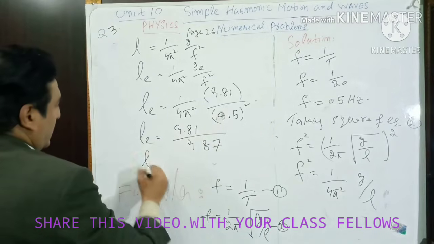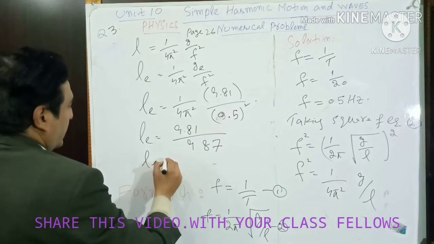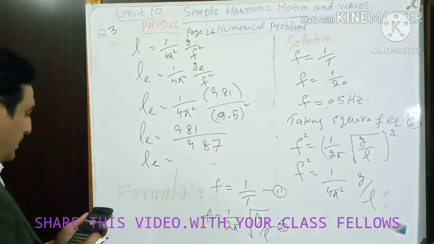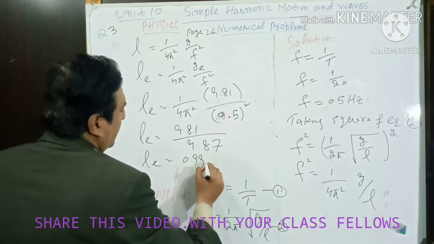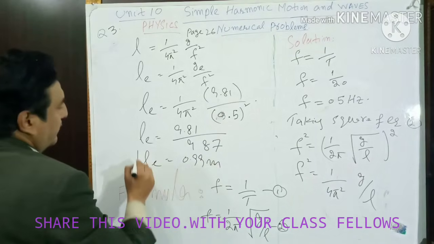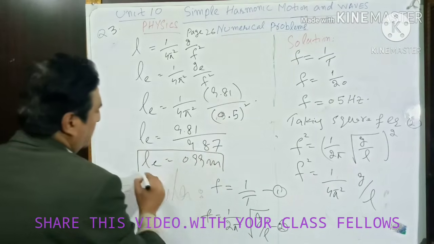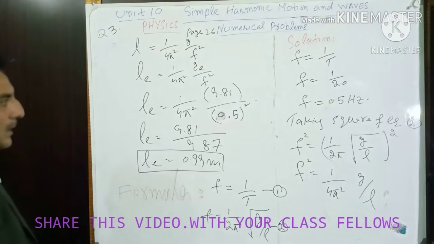Divide this value on that. 0.99 meter. The length of the pendulum on the earth will be 0.99 meter.